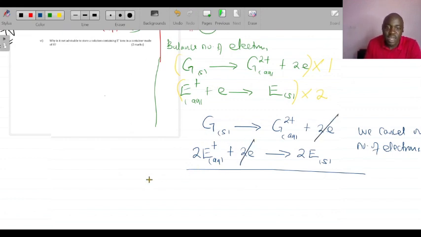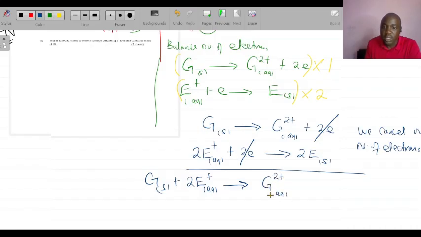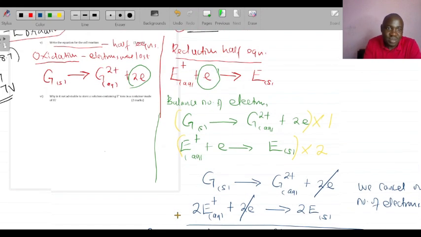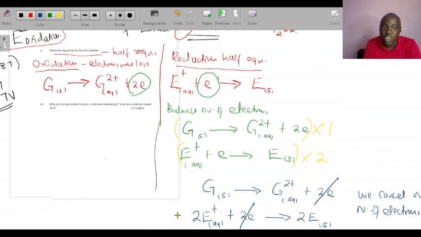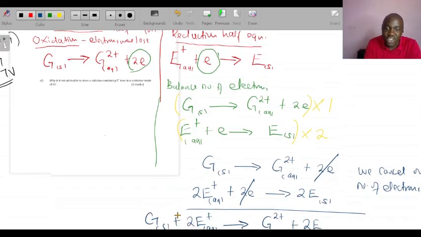Then we now combine the remaining equation. It is G in solid state plus 2E+ in aqueous state to give us G2+ aqueous plus 2E in solid state. But now there's something we must attach because you have been asked to write the equation for the cell reaction.